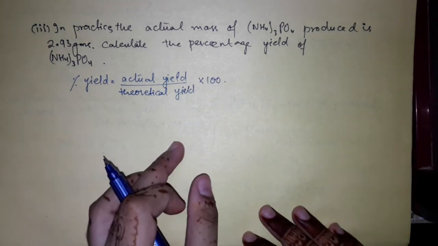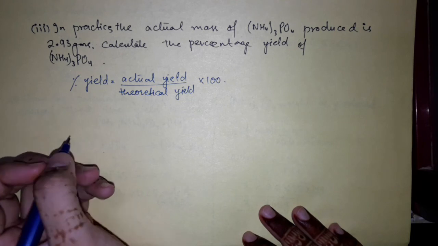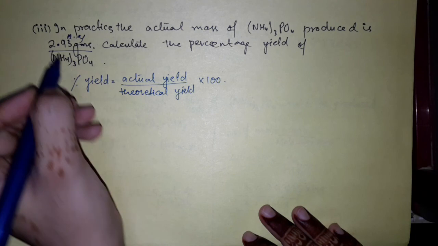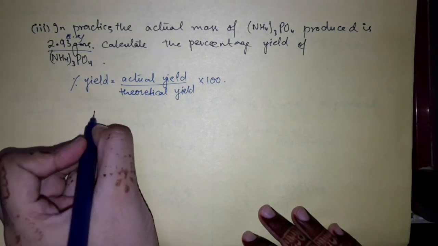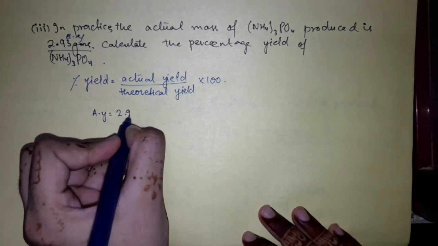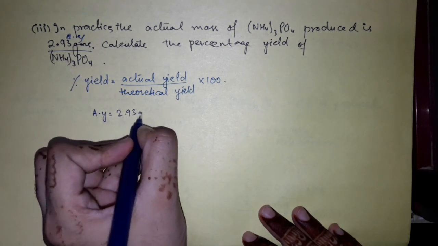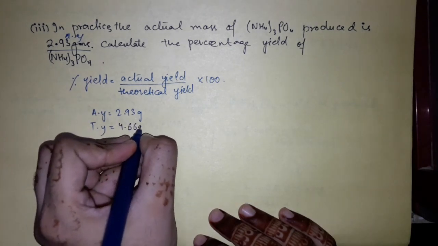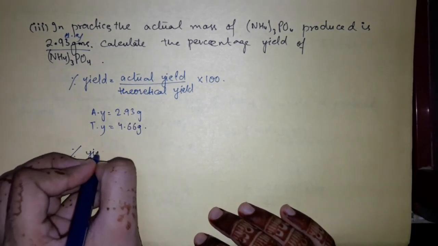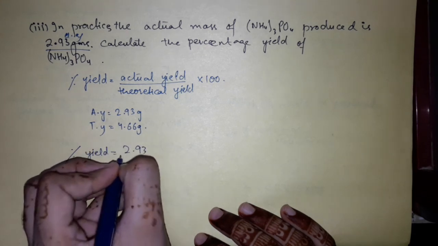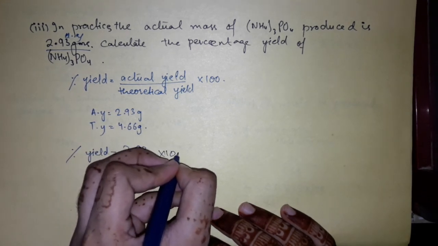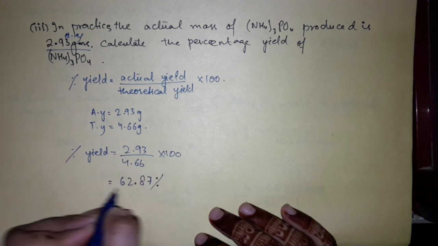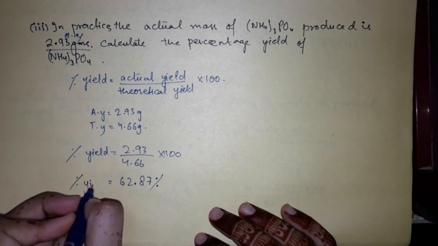In this question, actual yield is 2.93 grams and theoretical yield is 4.66 grams. Percentage yield equals 2.93 upon 4.66 multiplied by 100, so that comes to 62.87 percentage yield.